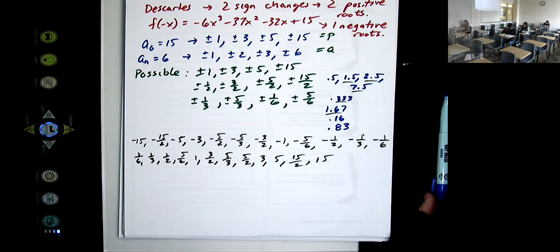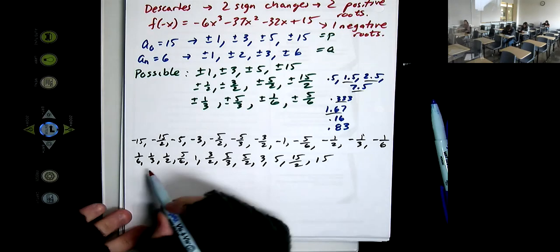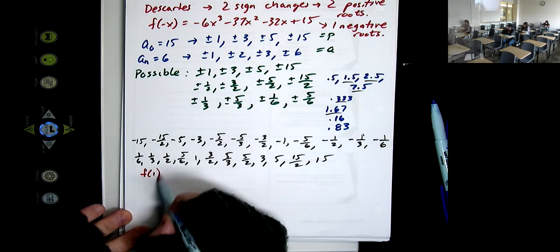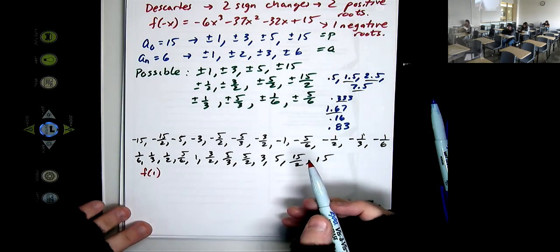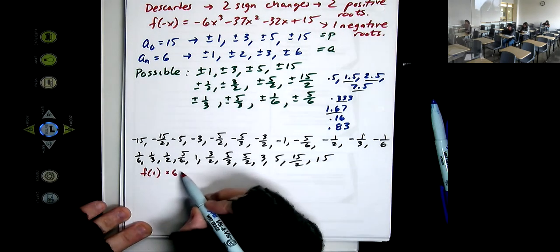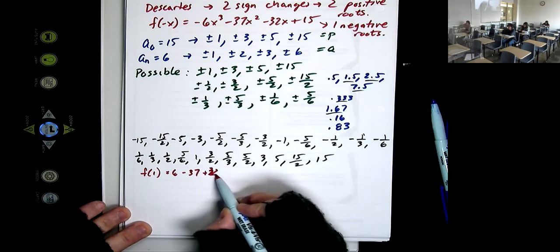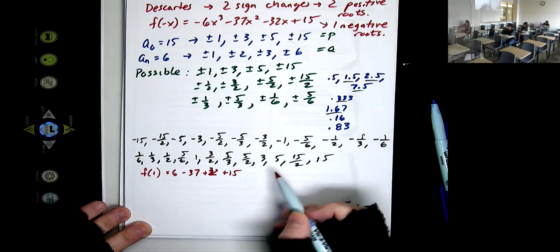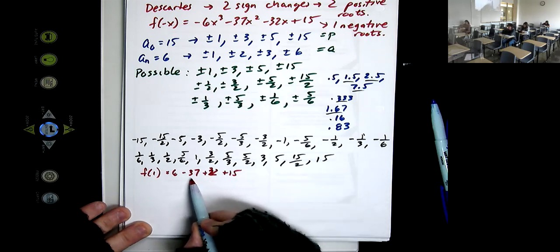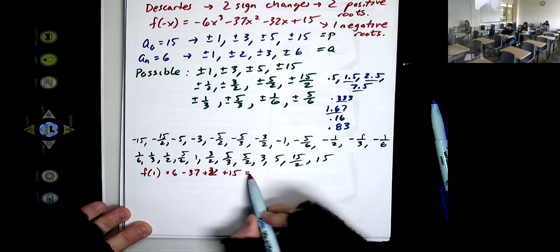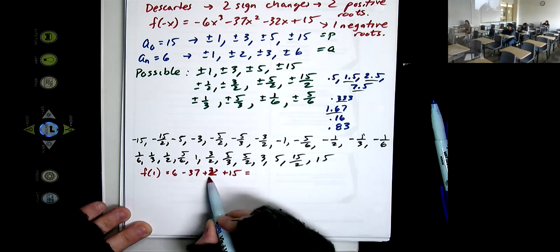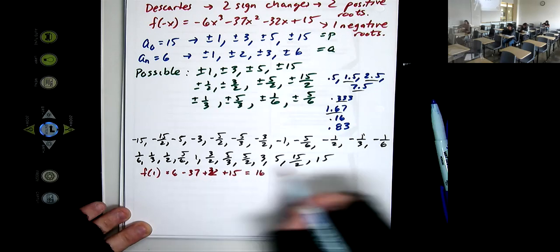What happens if I plug in f of 1 and f of -1? Those are the easy ones to try right away. f of 1 is 6 minus 37 plus 32 plus 15. Let's see, that's -5, 10, 16.